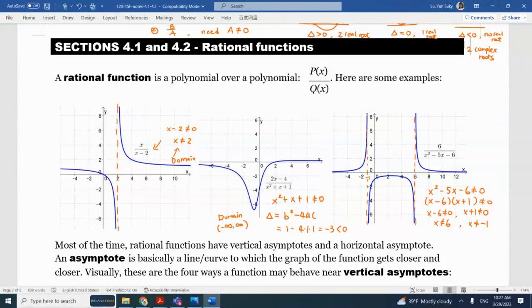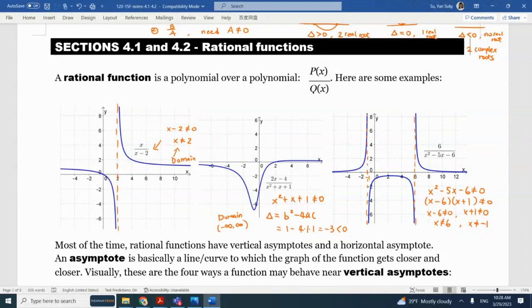But when we talk about the domain, you also need to set x plus 3 not equal to 0. But you will see the -3 here is not a vertical asymptote. It's just a hole, just a missing point. You don't have the function go to infinity or minus infinity there.